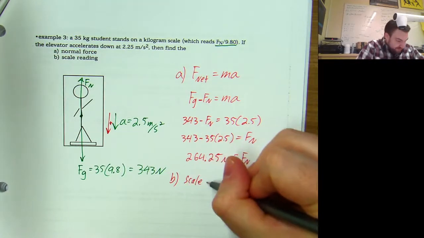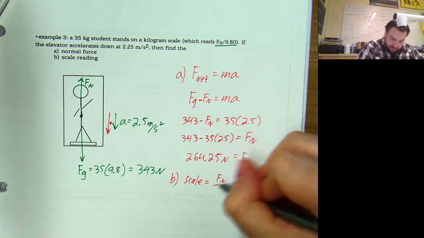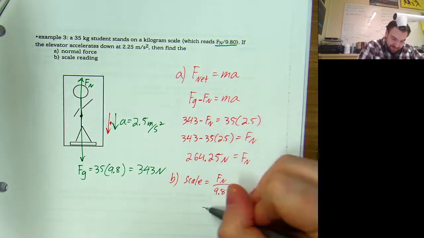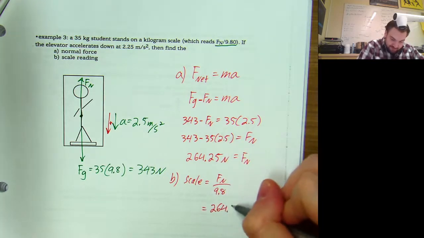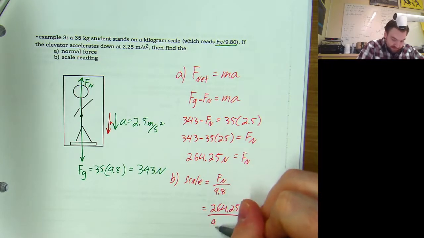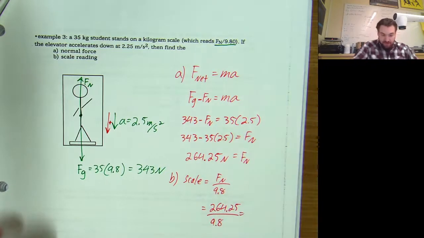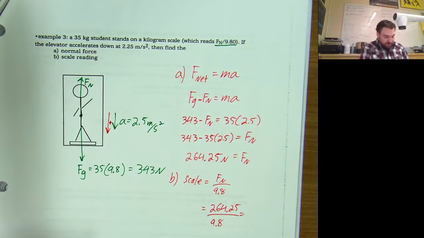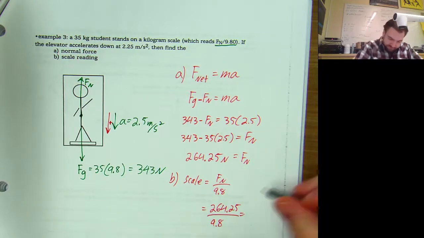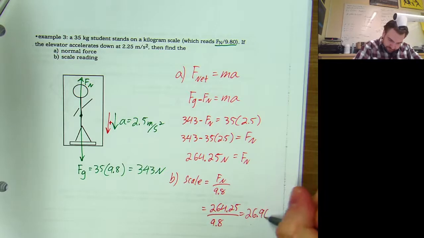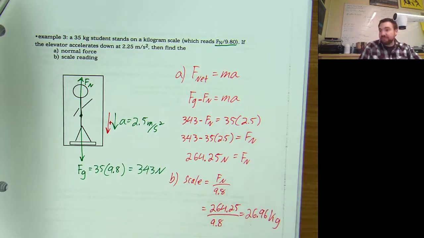So there's A, and now the scale reading, part B. The scale reading is equal to Fn over 9.8. So that's 264.25 divided by 9.8, which is 26.96.